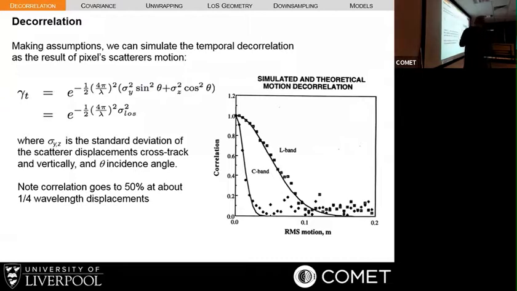And then, according to the distance, the distance between this pixel and this pixel is going to be very similar to this and this, so we can average them according to the distance, and obtain this gray line, which is how the signal is related to each other as a function of distance.